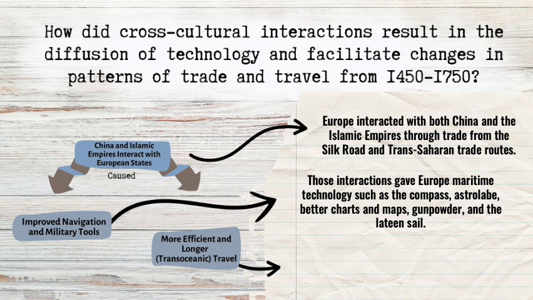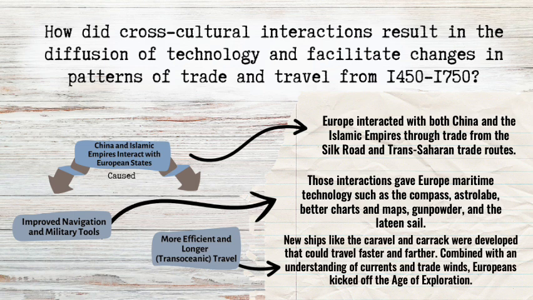Those interactions gave European maritime technology such as the compass, the astrolabe, and better charts and maps, gunpowder, and the lateen sail. And lastly, more efficient and longer transoceanic travel. New ships like the caravel and the carrack were developed that could travel faster and farther. Combined with an understanding of how currents and trade winds worked, Europeans kicked off the age of exploration.